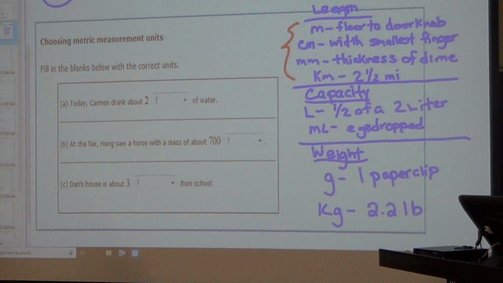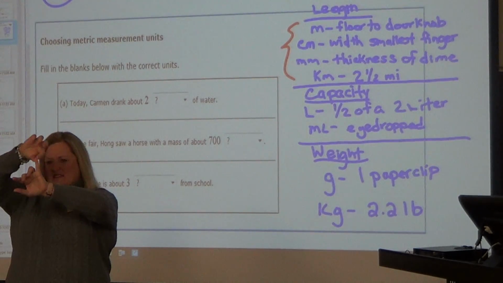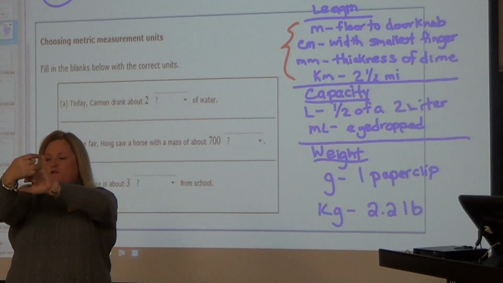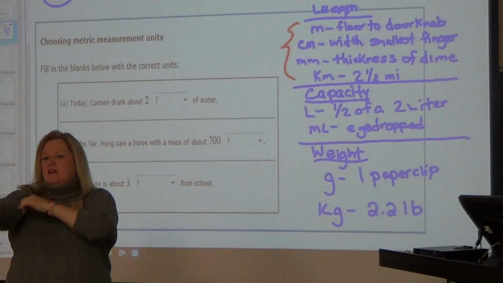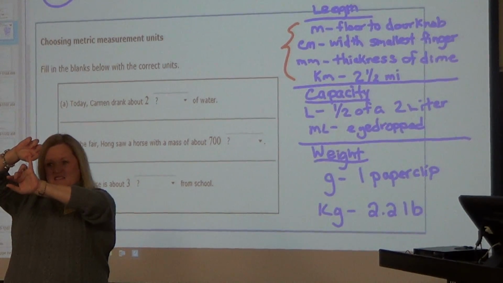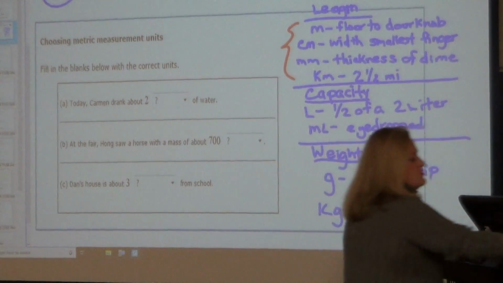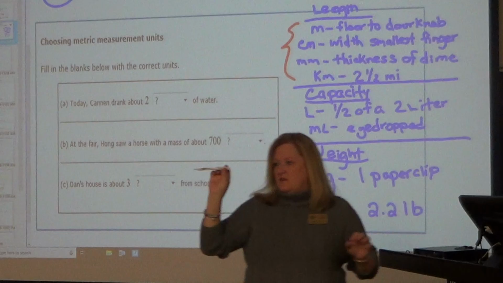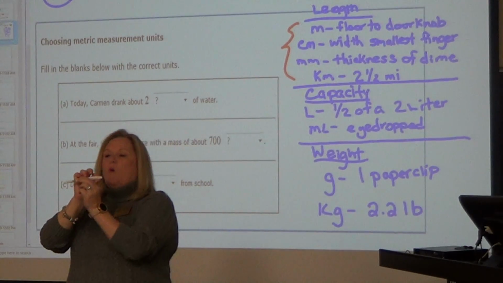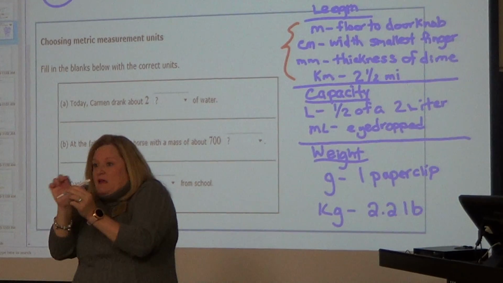Centimeter, the width of your pinky, how wide your pinky is, that's a centimeter. I know some people have skinny fingers and some people have fat fingers, but that's about the width of a centimeter. Millimeter, if you use a mechanical pencil, it'll say 0.7 or 0.9 or 0.5 mm.